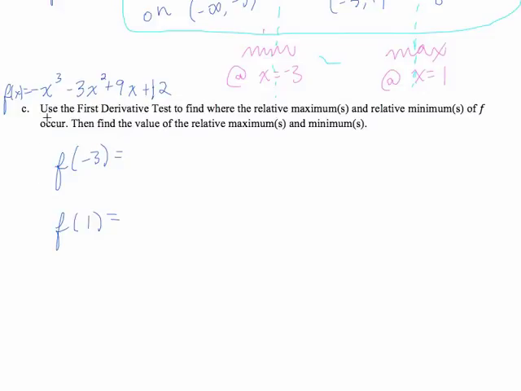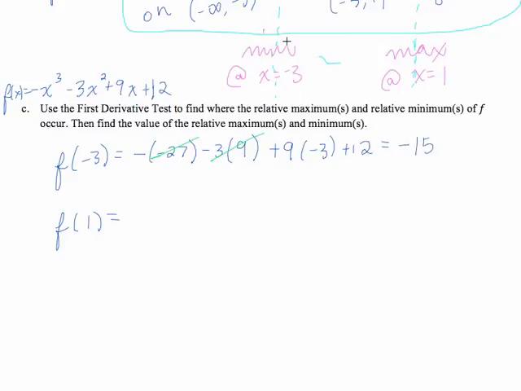So we just plug -3 into the original function here. -3 all cubed is going to be -27, minus 3 times -3 squared, which is positive 9, plus 9 times x, which is -3, plus 12. So we get 27 minus 27, those two terms cancel. Then -27 plus 12 would be -15.